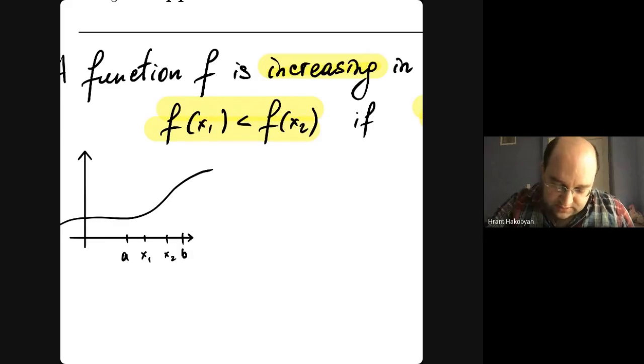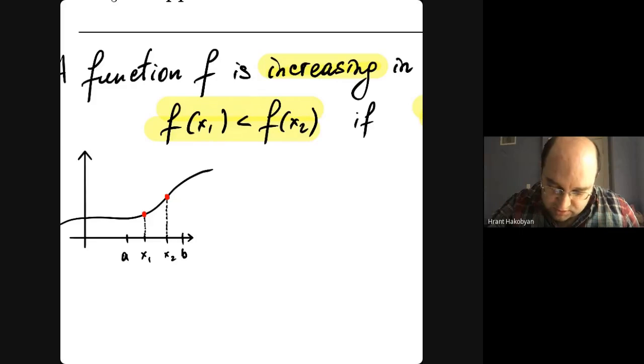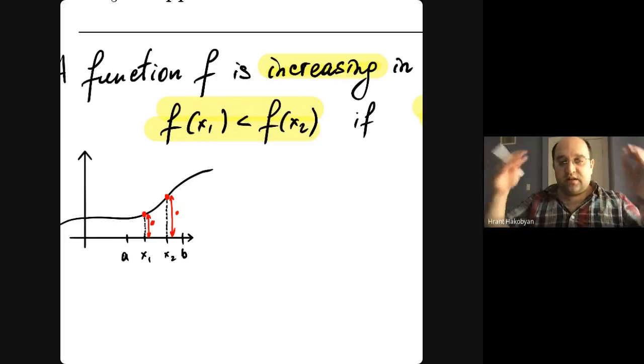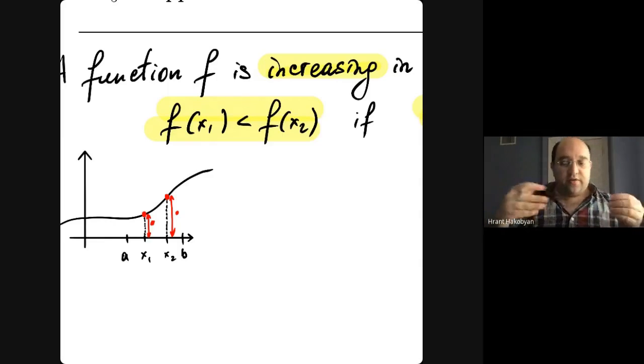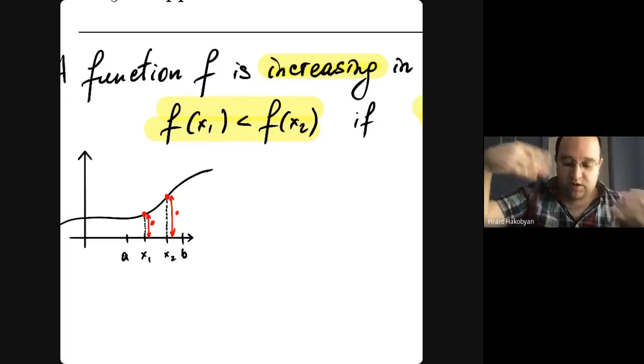So what can I say? x1 is of course less than x2 in this picture. And then I have these 2 points here on the graph. And what's f(x1)? f(x1) is this much here, right? That's f(x1). And this is f(x2). So this one here is smaller than this one. So that's saying that if you think of x as time passing, the function is becoming bigger and bigger.